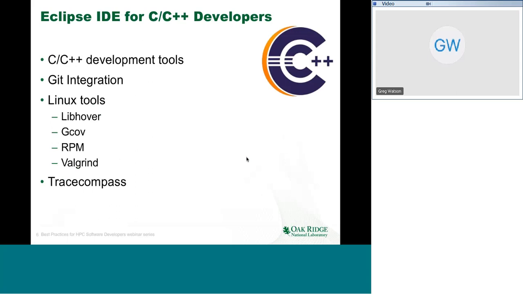It also includes integration with Git, and that's very closely integrated into Eclipse these days, so it has quite exemplary support for Git. Other revision control systems are also supported, but you would need to install them separately. And then there's a bunch of features to support different Linux tools, so things like gcov and valgrind and Trace Compass and so forth. So they're also integrated into that particular package.